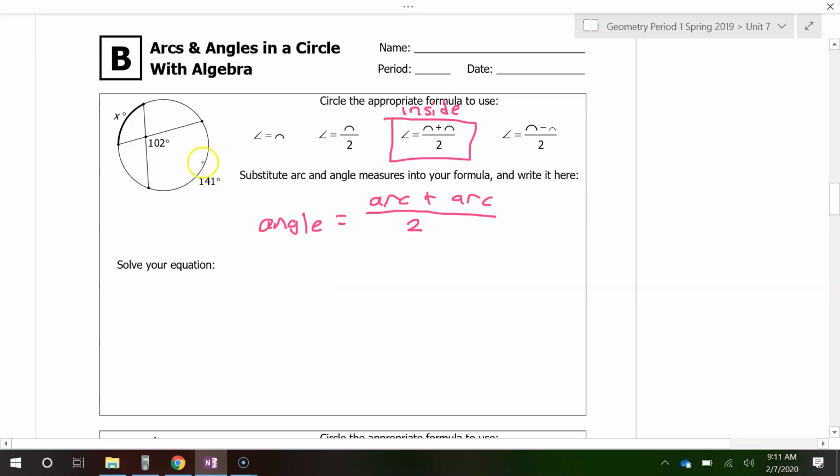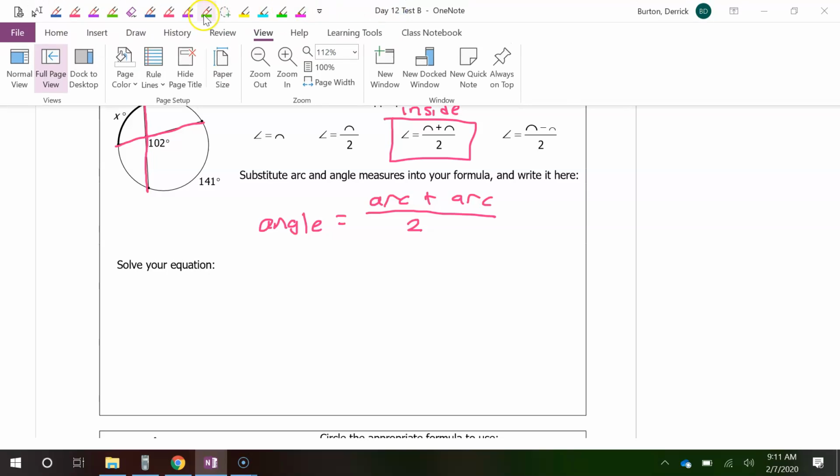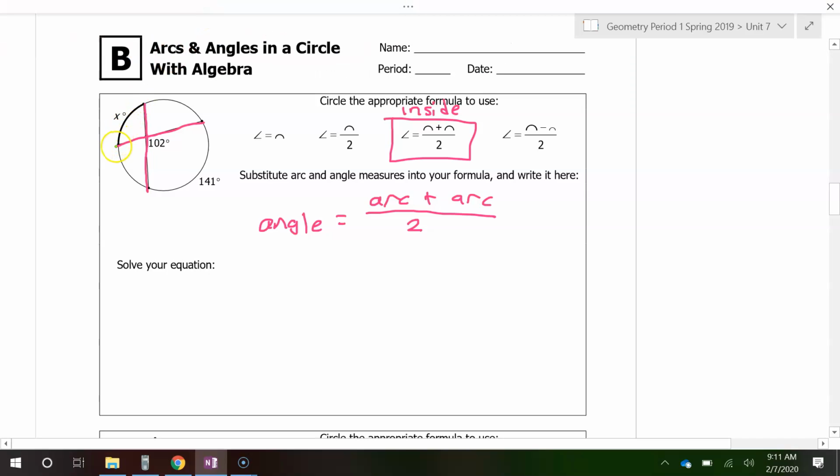Now, Dylan, looking at this angle right here, pay attention to the arcs that go with this angle. The intercepted arcs are, I'm showing here in green. So we have the red angle and the green arcs.